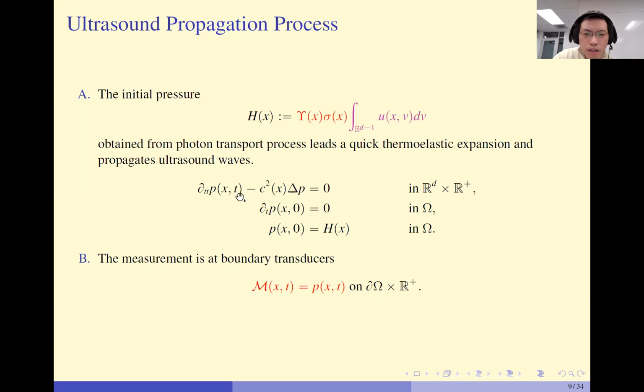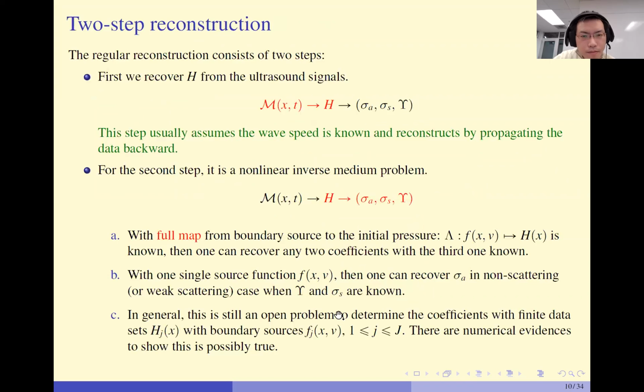After you solve this acoustic wave equation, the ultrasound will propagate in the whole domain in the physical space. The measurements are taken on the boundary of this domain for the whole time. So basically, you will have the pressure field at all locations on the boundary, and also at all times.